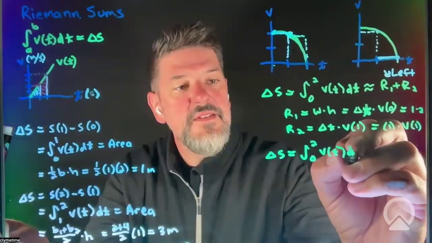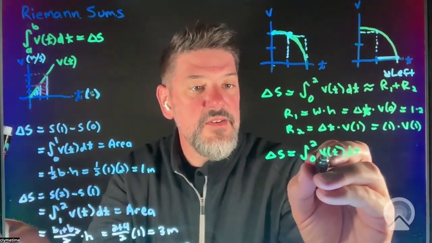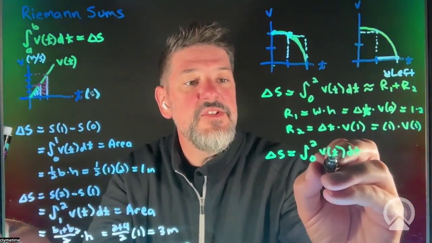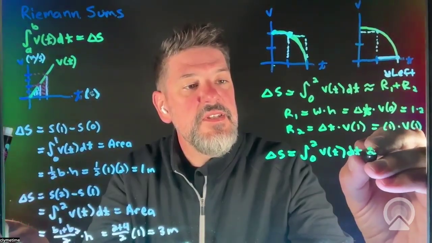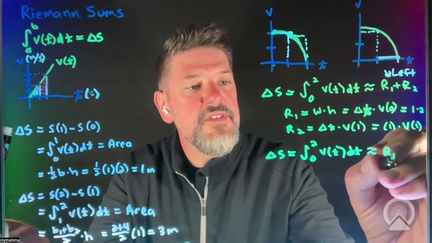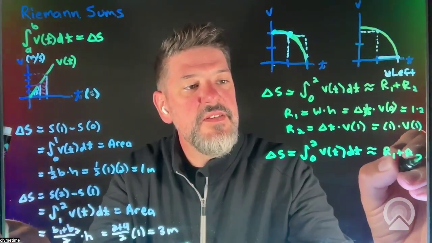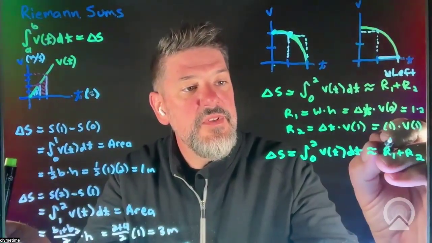So these things are exactly equal to each other. Change in position is exactly equal to the area underneath the curve, the integral, for the velocity function with respect to time from 0 to 2. But that's going to be approximately equal to these two new rectangles I created. I also call them R1 plus R2, but I understand that these rectangles are now based on right endpoints, right?